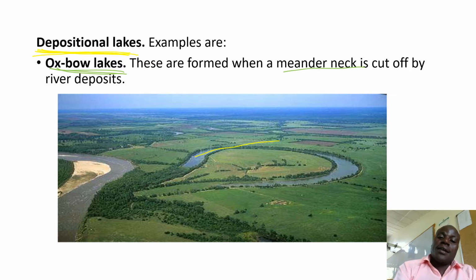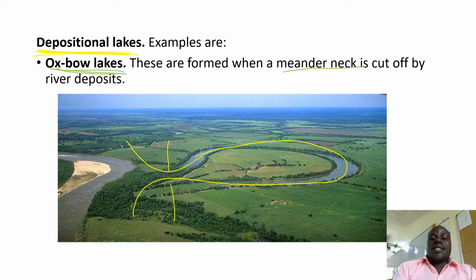This river was meandering in its lower stage with its meander neck here, and this meander neck was blocked by river deposits, and these river deposits separated a minor water body from the main river, and this minor water body that remains behind the depositional materials at the meander neck is what we call an oxbow lake.